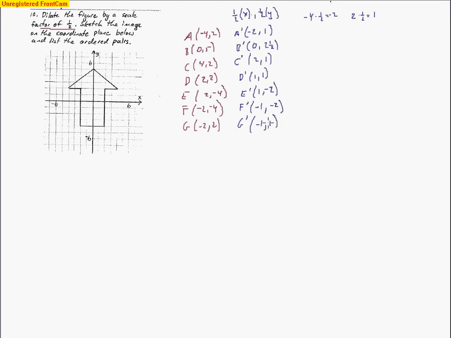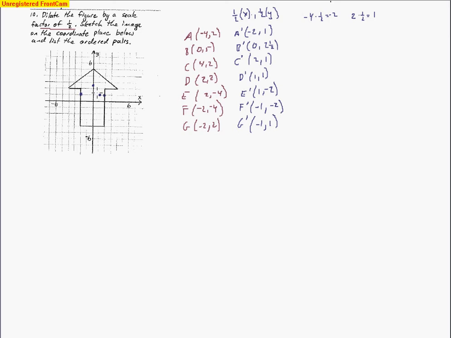So once I go ahead and do that, I just plot these points. So -2 is 2 to the left, so this is 1, 2, and then I go up 1 space, and then over 0 up 2.5 spaces, so it's going to be right in the middle between 2 and 3, and then over 2 up 1, and then this next one, 1, 1, so I have to go over a little bit there.